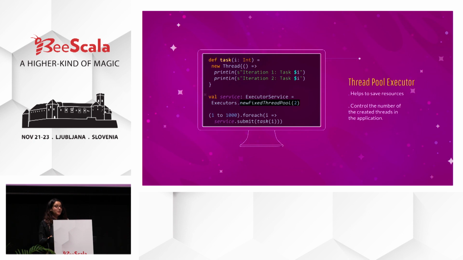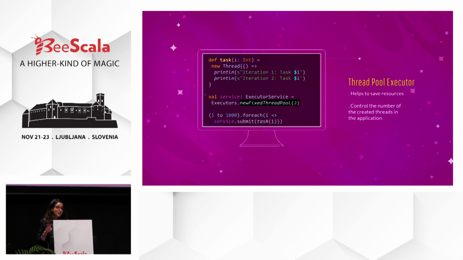So for example, you can define your executor service with the type of thread pool that you use. Here, fixed thread pool means that you decide to use 2 threads in your program that will take all the tasks that you have submitted to your executor service.